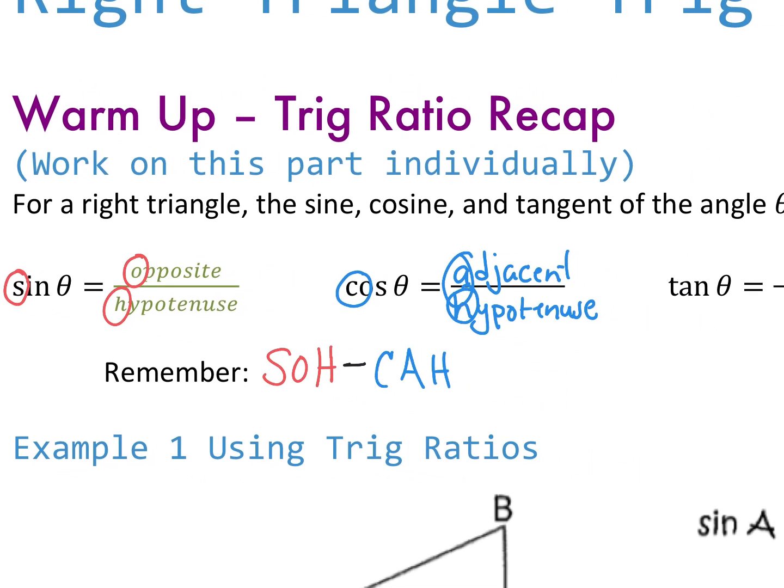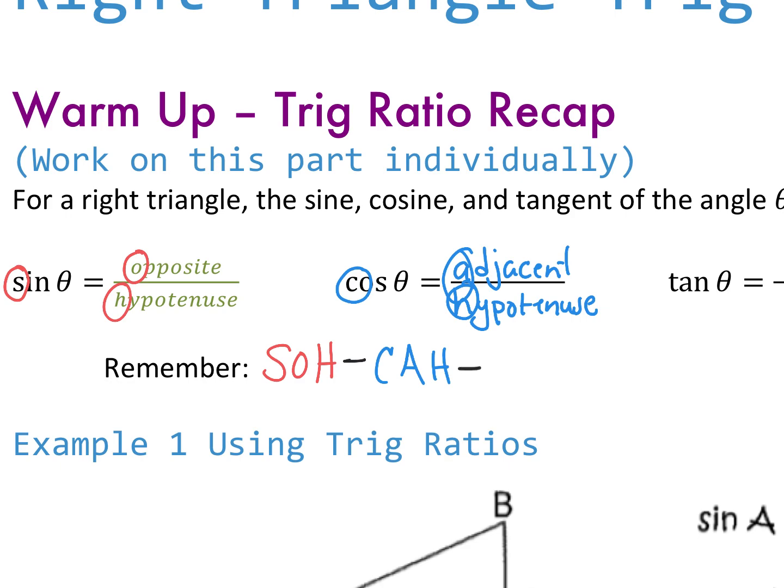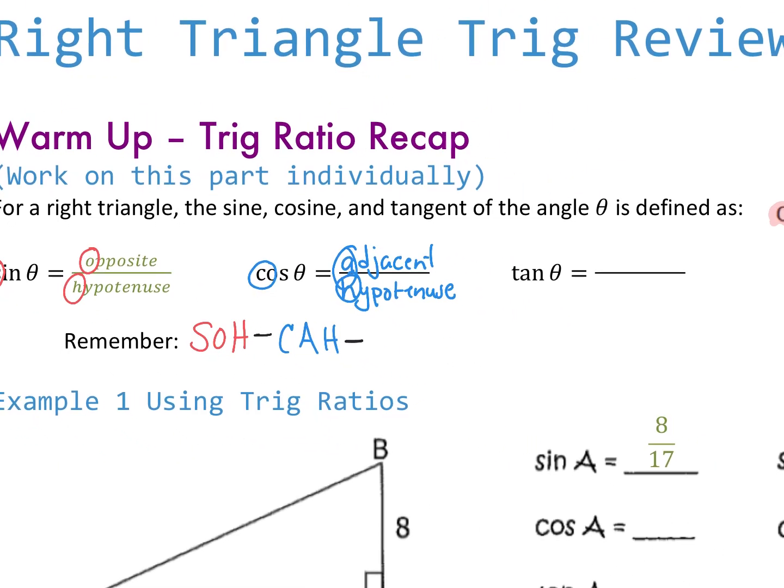And then tangent is equal to the ratio of the opposite side. Apparently I can't spell opposite, sorry. Opposite side over the adjacent side. So that's our TOA. I think that one's fun to say. SOHCAHTOA.